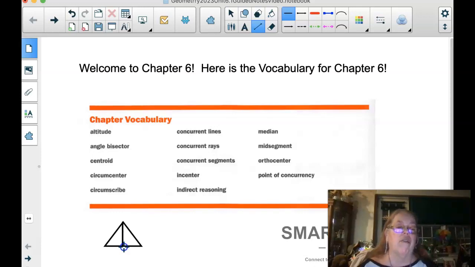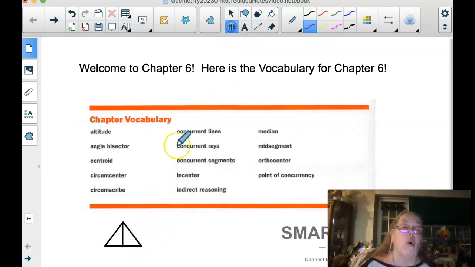It does not have to be inside the triangle, and it doesn't have to be the perpendicular bisector of the other side. It just has to be perpendicular. This is the altitude, which is also called the height.